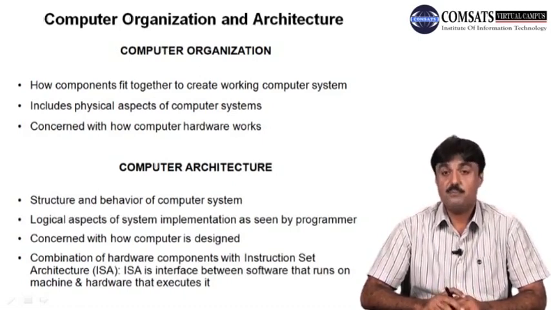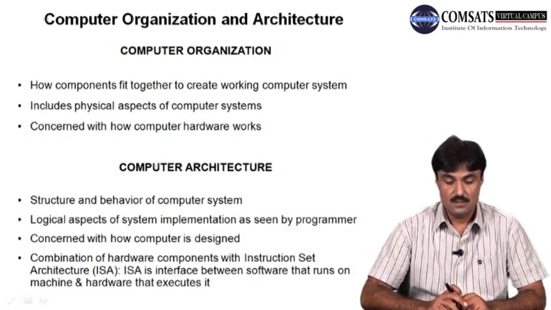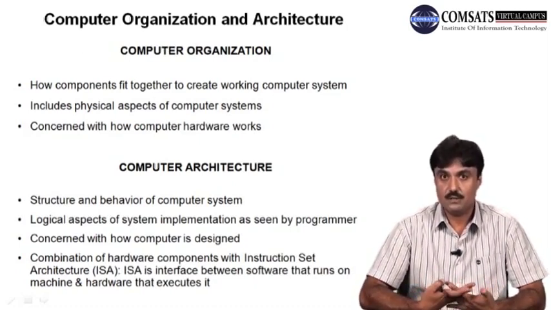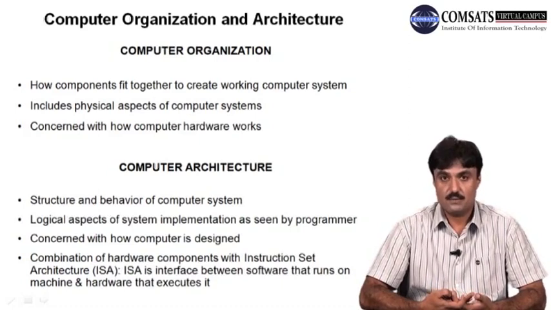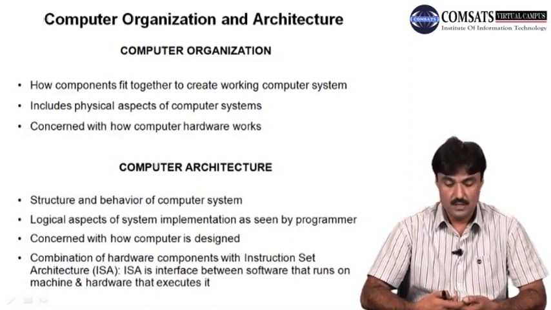And computer architecture is slightly different from computer organization. Architecture defines the structure and behavior of the computer system. It covers the logical aspects, meaning the underlying hardware, the logic gates, and other systems we will learn in the next few lectures.